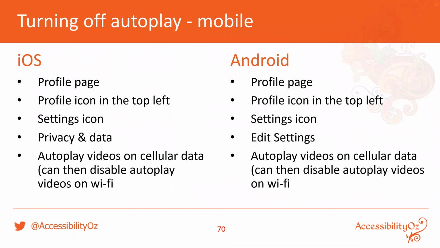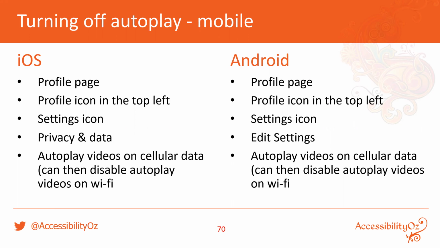On iOS, you need to select the profile page, select the profile icon in the top left, then select the settings icon, then select privacy and data, and then you can select autoplay videos on cellular data, and then another option appears that allows you to disable autoplay videos on Wi-Fi as well.